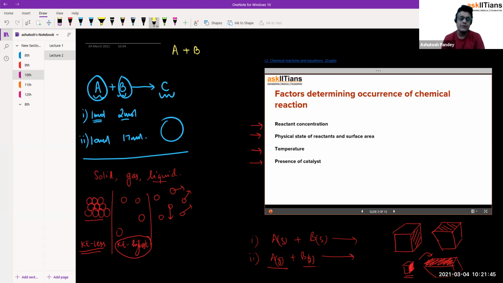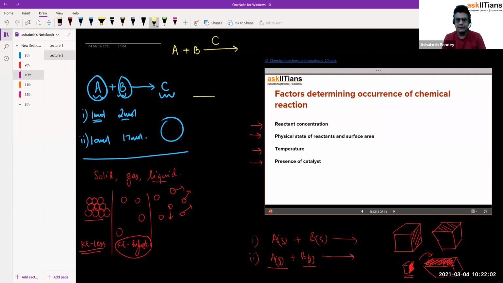But if we bring in some C, now A can easily form a bond with C, and B can also easily form a bond with C.